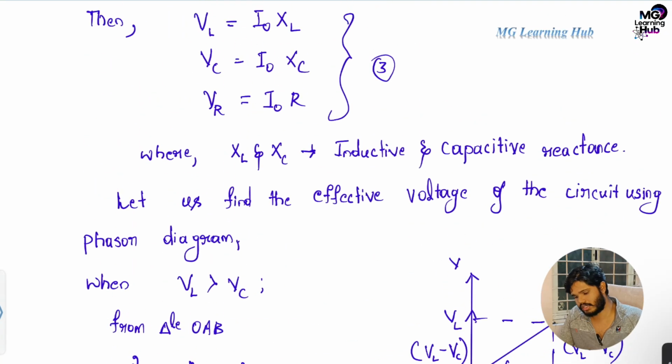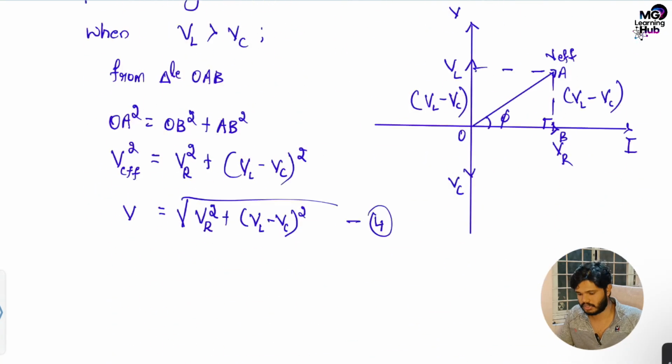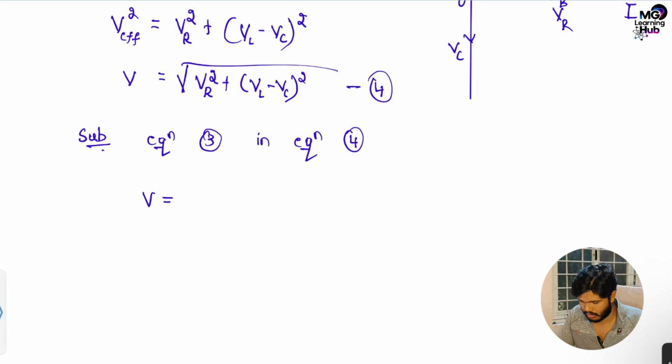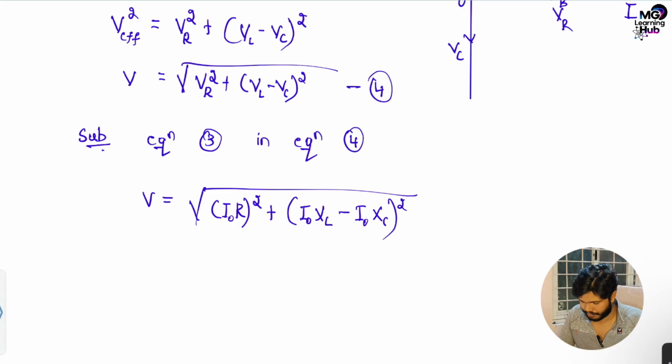Now ಇವಾಗ ಏನು ಮಾಡೋಣ ಅಂದರೆ equation 3 ಅಲ್ಲಿ ಏನಿದೆ ಅದನ್ನು equation 4 ಅಲ್ಲಿ ಸಬ್ಸ್ಟಿಟ್ಯೂಟ್ ಮಾಡೋಣ. Substituting equation 3 in equation 4, we get V is equal to root of I naught R whole square plus I naught XL minus I naught XC whole square.